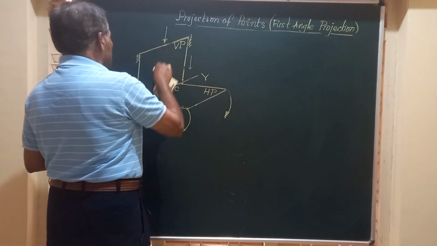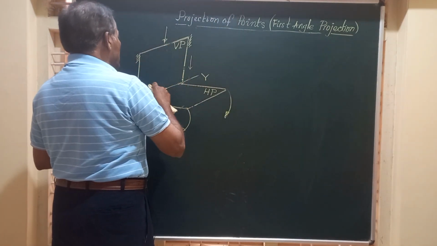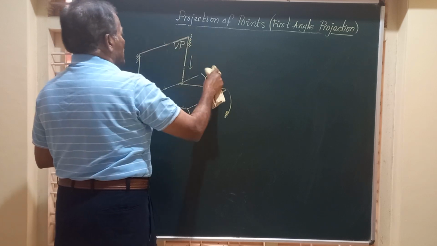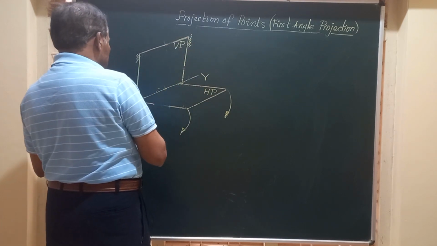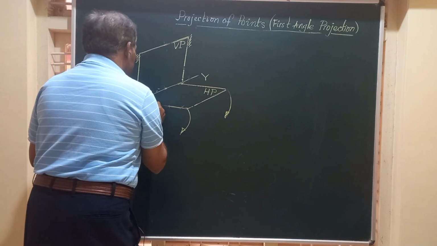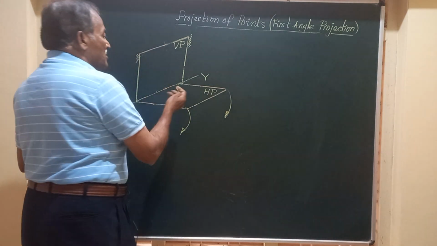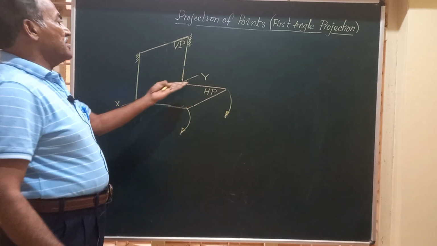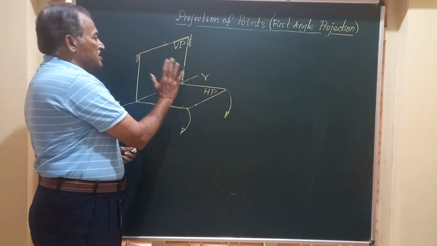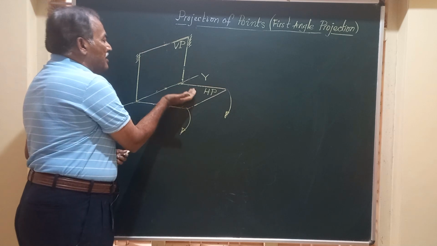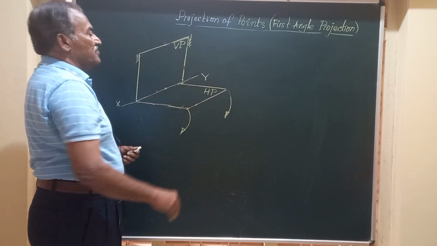Friends, in the same way, let us move on to a problem on a point, that is a point which is above HP and in front of VP. Any point in this quadrant, this is the first quadrant, will be above HP and in front of VP.